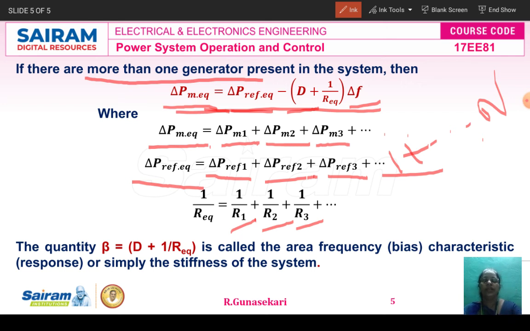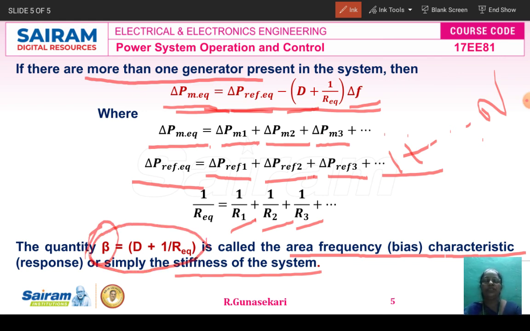Dear student, in this equation we can calculate the area frequency characteristics, that is the area frequency bias response, another name for which is the stiffness of the system, denoted by beta. Therefore beta equals D plus 1 by R equivalent. So this is the formula. Beta represents the area frequency characteristics or area frequency bias. Another name is the stiffness of the power system.